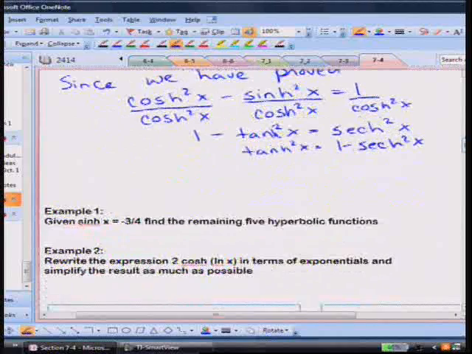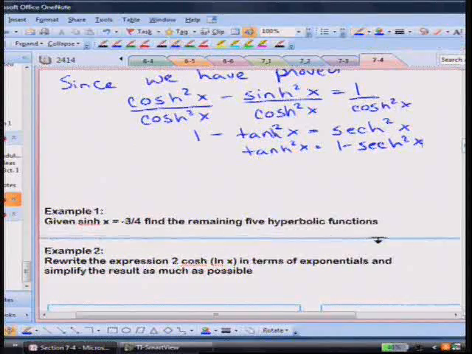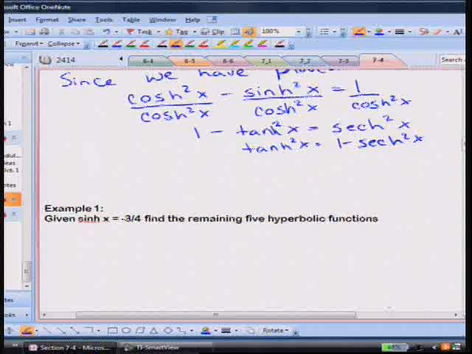Okay, so the first homework problem, you get to kind of just play with this new idea. If you're told that the hyperbolic sine, or sinh of x, is equal to -3/4, then they ask you to find the remaining hyperbolic functions.